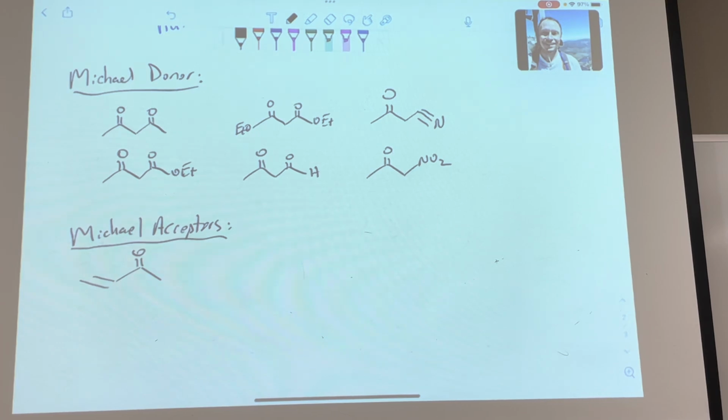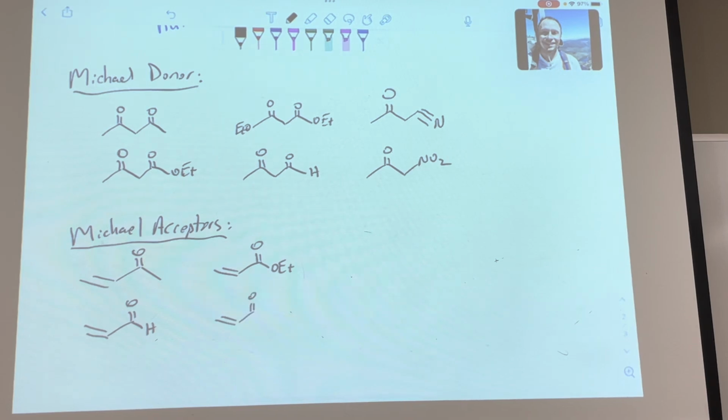And again, I can have all sorts of permutations here. I have an alpha beta unsaturated ketone, but you could have alpha beta unsaturated aldehyde, alpha beta unsaturated esters, alpha beta unsaturated carboxylic acids, all manner of alpha beta unsaturated carbonyl compounds.